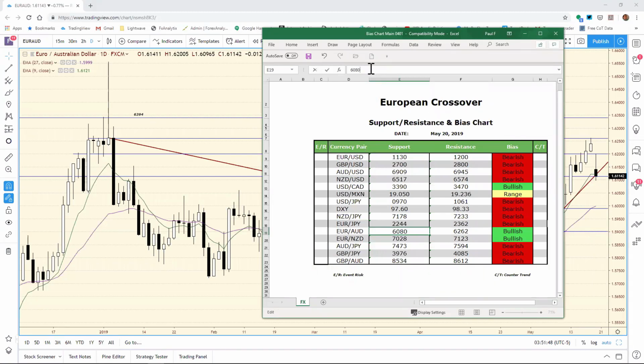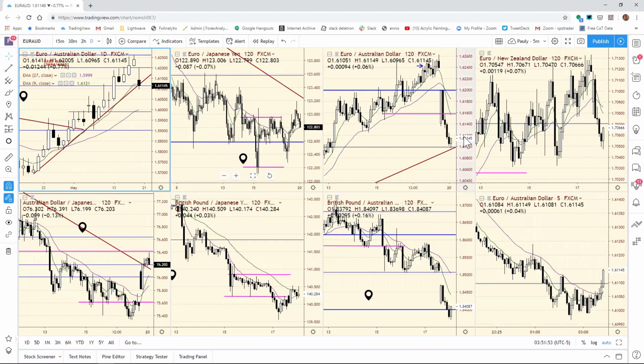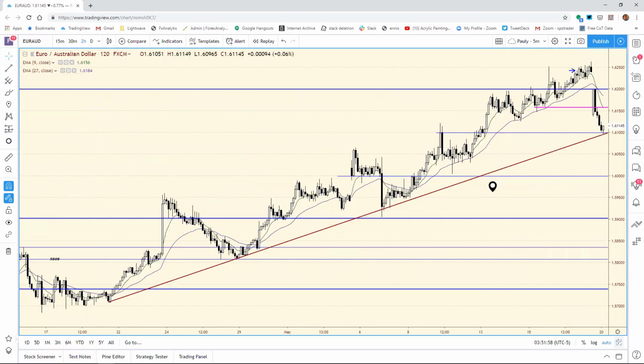But we had a pretty good pullback. May start to try and see if they can pick themselves up a little bit. You can see here they're coming off that trend line. They just about tagged that trend line perfectly.